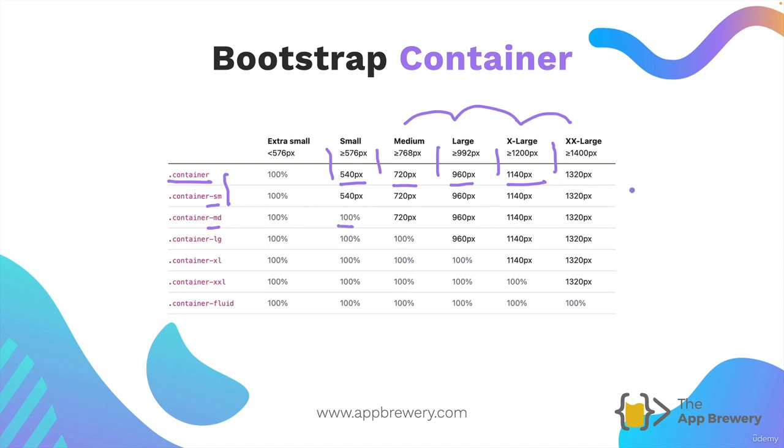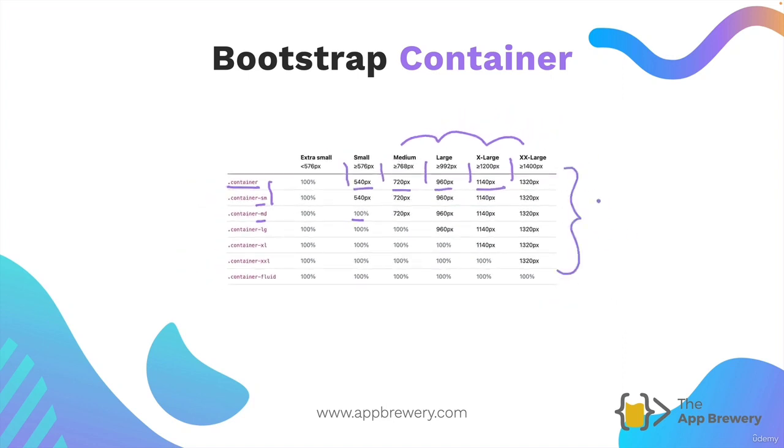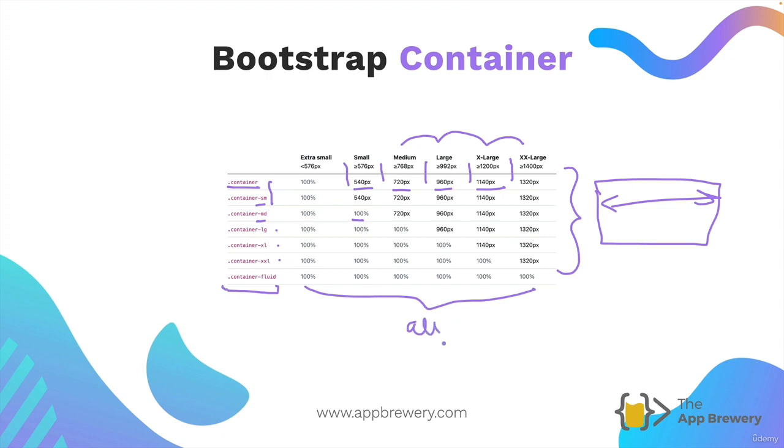And again, remember, all of these sizes here are referring to the width of the viewport, so only this dimension. And then as we go down the line, we're starting to specify 100% width on larger and larger screens until we reach this container fluid, which basically says that on all screen sizes, we want it to reach from edge to edge, which is 100% width.